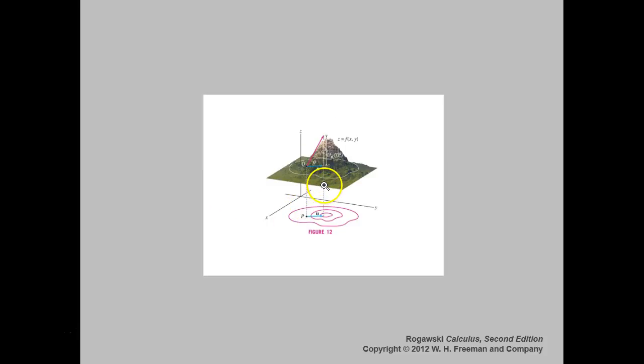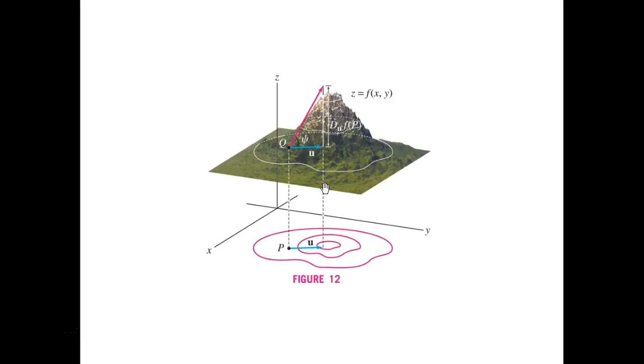Okay, here is the figure that we're talking about. Here is an illustration of a mountain, let's say, and you're in the process of wanting to climb the mountain. We imagine the mountain up here somewhere, and we imagine a domain down here.